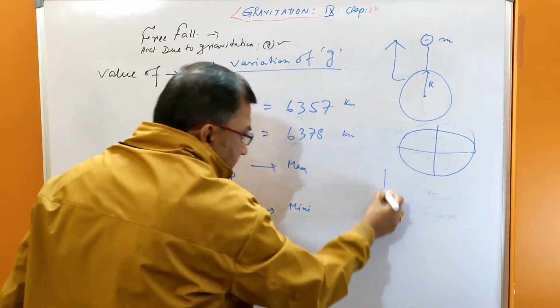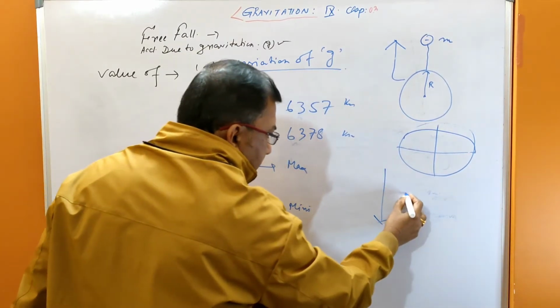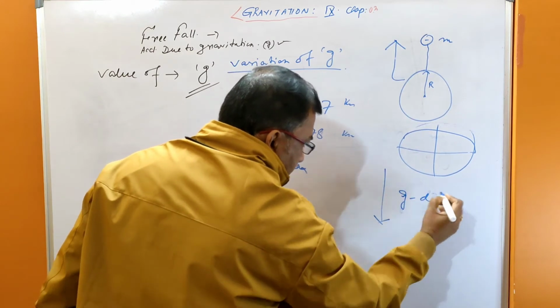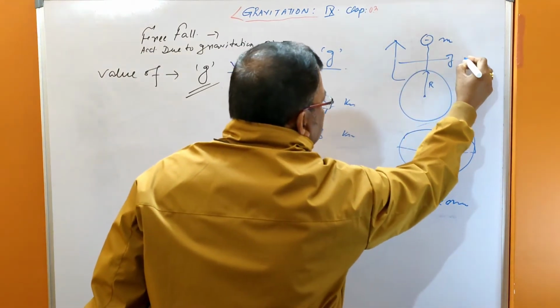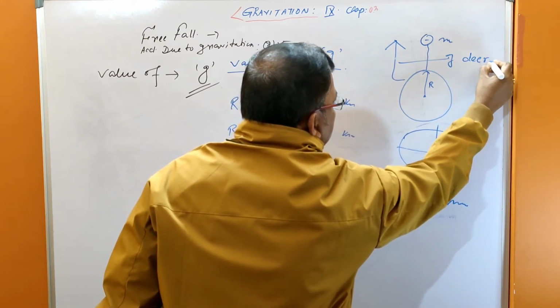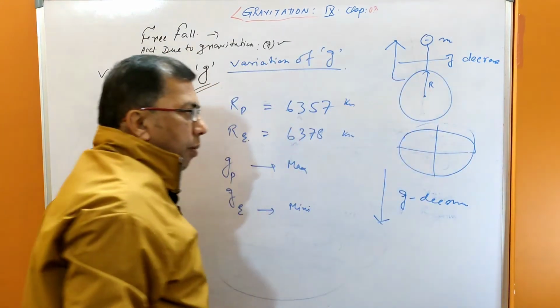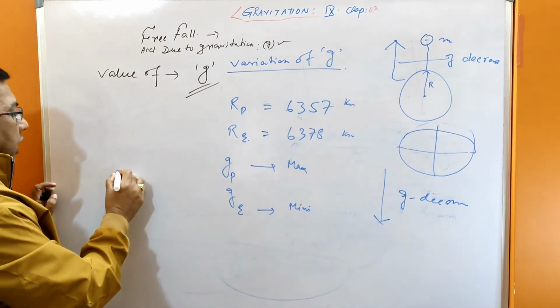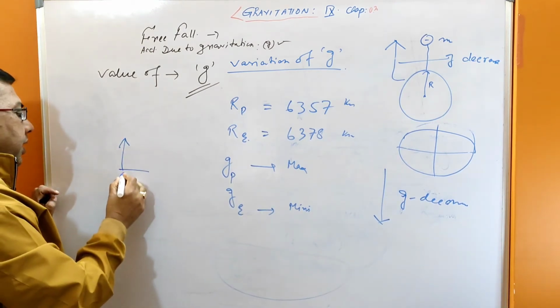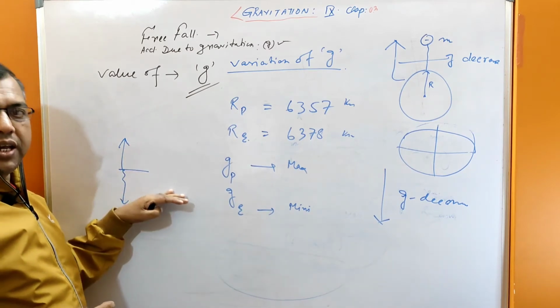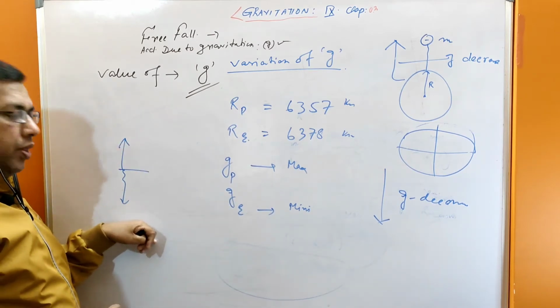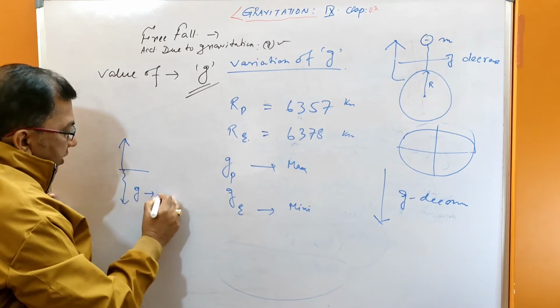Go down inside the earth, the value of g will decrease. Above the surface of earth and down inside the earth, the value of g decreases.